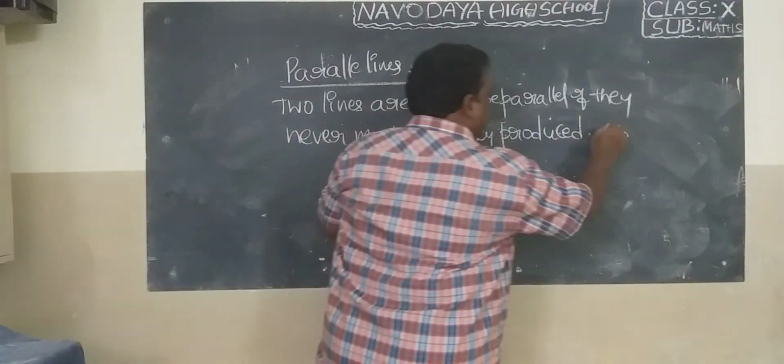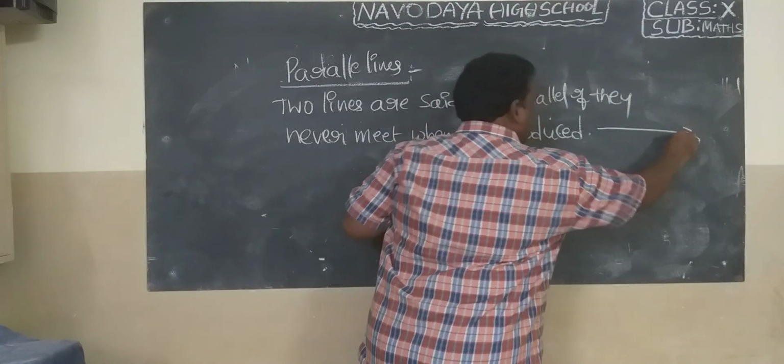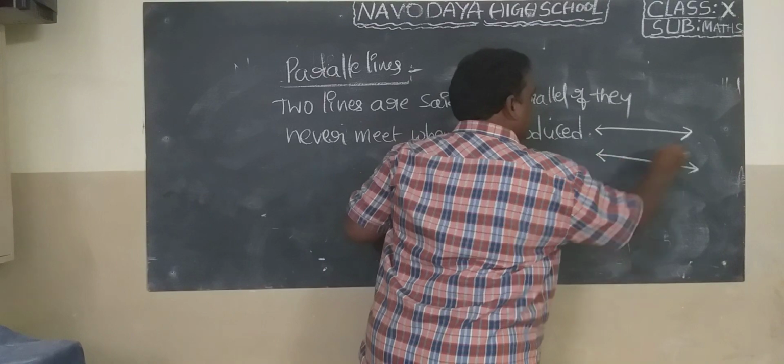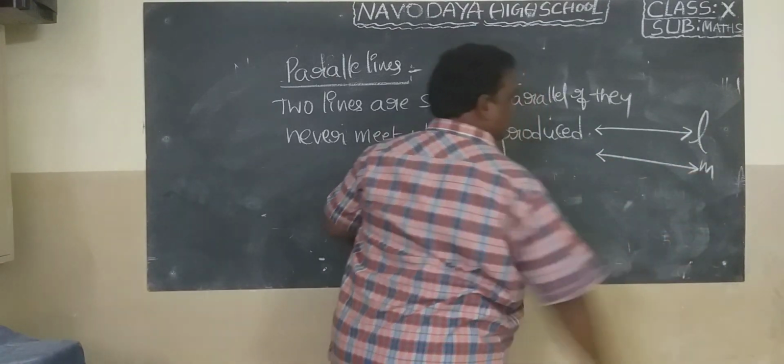So parallel lines never meet each other. Two lines are said to be parallel if they never meet when they are produced.